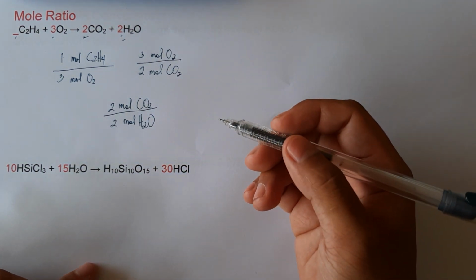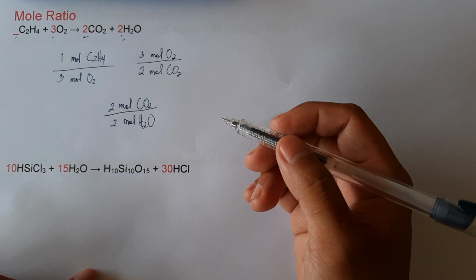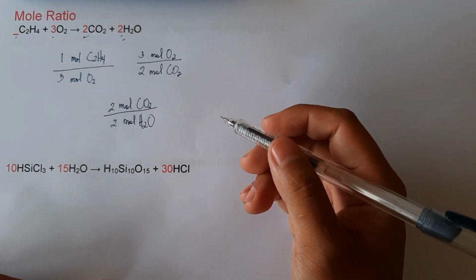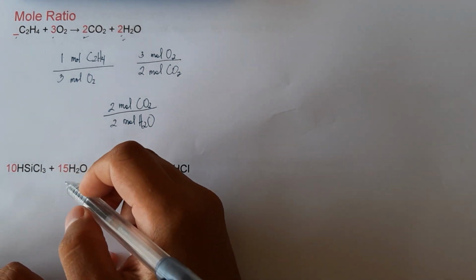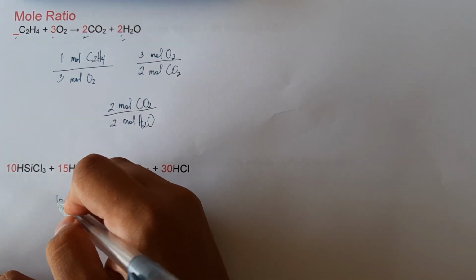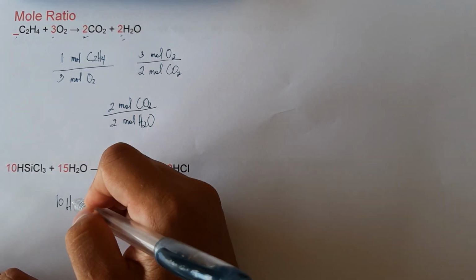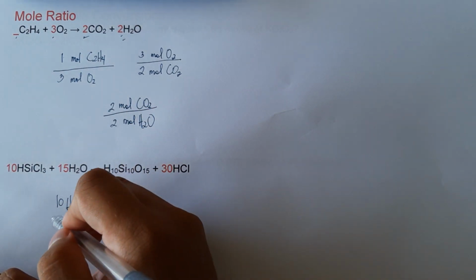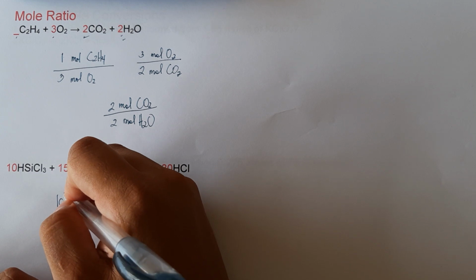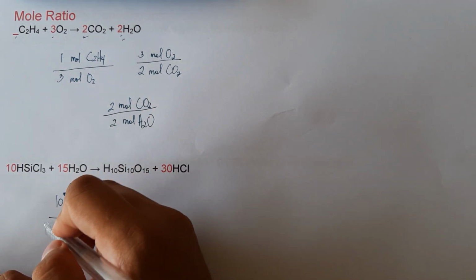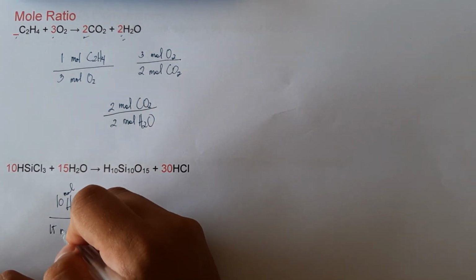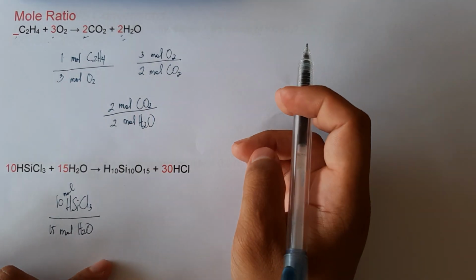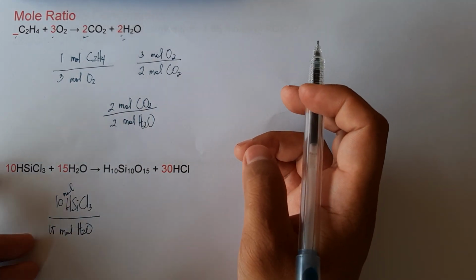So let us try to look for the possible mole ratios. Just like here, we have 10 moles of HSiCl3 over 15 moles of H2O. That is one of the mole ratios.